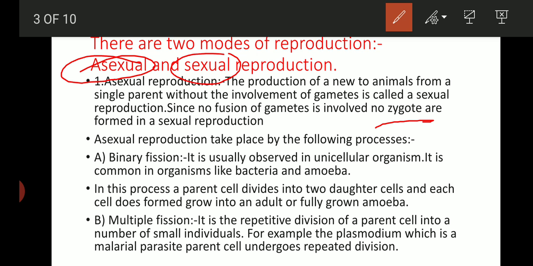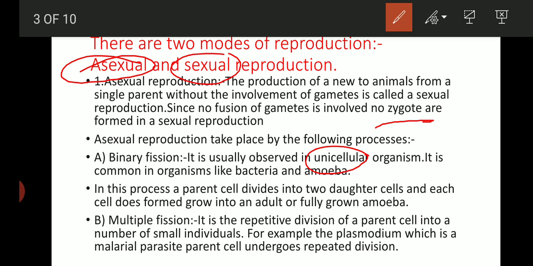And asexual reproduction can take place by the following processes: binary fission, multiple fission and bud formation. So first of all we will discuss binary fission. Binary fission, as the name indicates, is usually observed in unicellular organisms. Unicellular organisms have only a single cell, and all the processes of life are controlled by that single cell, like amoeba.